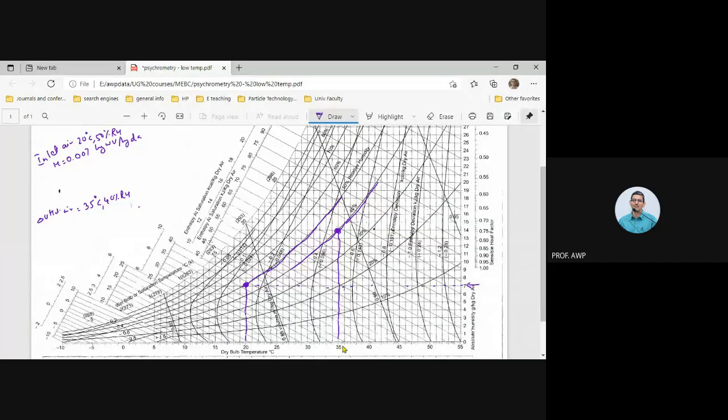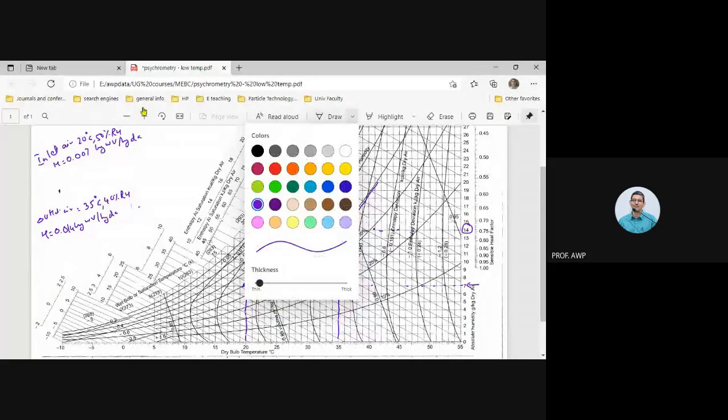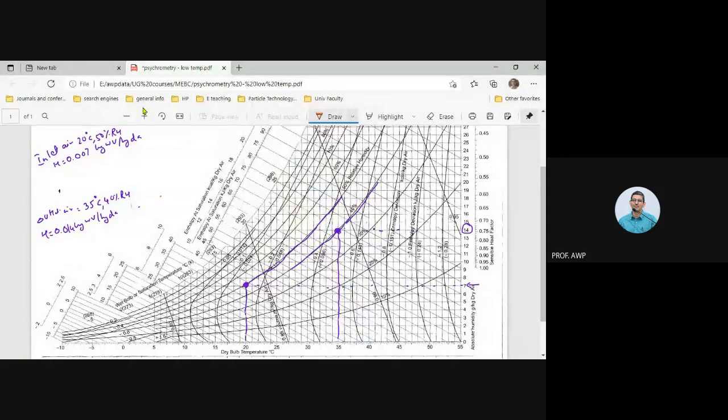So we have a humidity of 14 grams per kg, that is 0.014 kg of water vapor per kg of dry air. So this is our inlet, this is our outlet. We want to go from here to here. Do you agree with this?